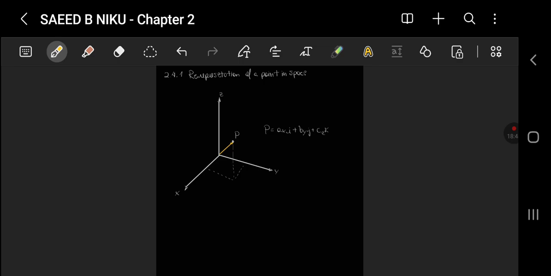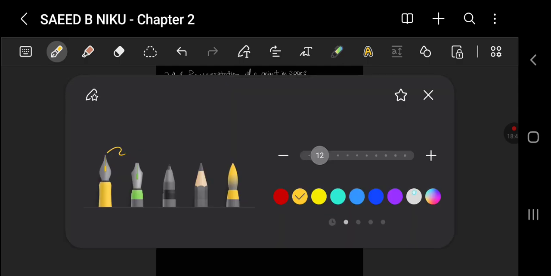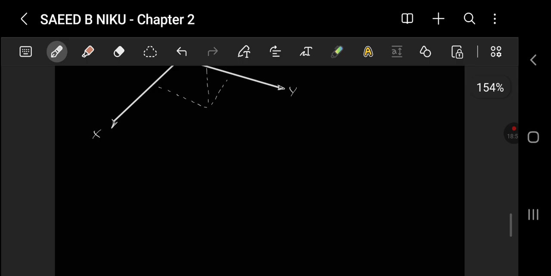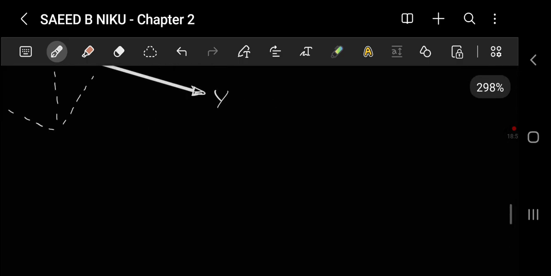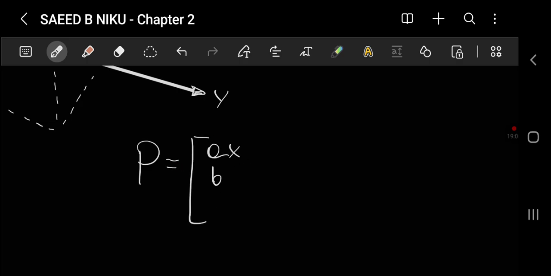Now, these three components of the vector can also be written in matrix form, this way.